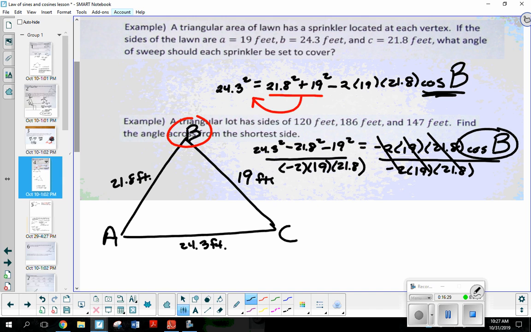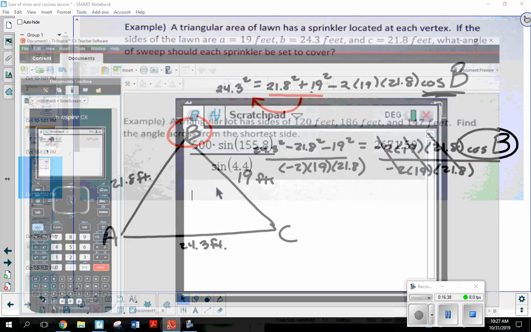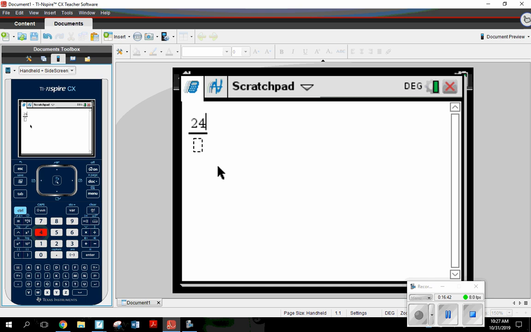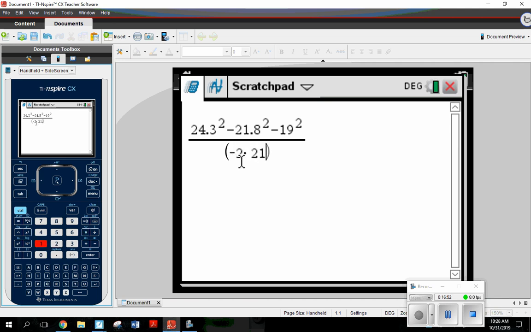Okay. Now, let me go ahead and find the value of this ratio first, and then I want to ask you a question. So let's plug this in the calculator. Come on over here, document B out of this. So we're starting with 24.3 squared minus the 21.8 squared minus the 19 squared, all divided by negative 2 times the 21.8 times the 19.